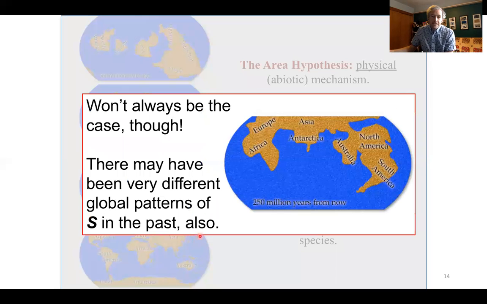If the land masses continue to move as they do, in 250 million years from now, and this isn't going to be a huge issue for us, the tropics will lose large amounts of the landmass. We'll have a little bit of Africa still in there, a big bit of South America, but Australia, North America, and all these other areas, especially Asia, will have moved right out of the tropics. In addition, there might have been very different global patterns of species richness in the past, so who knows?